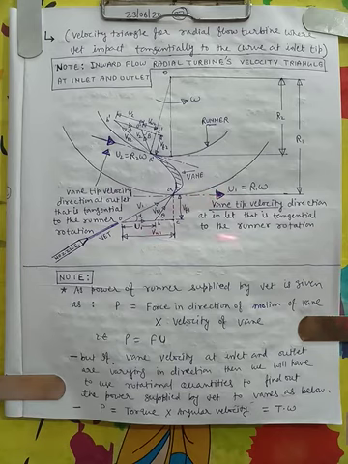VW1 is a tangential component of velocity at inlet, and VW2 is the tangential component of velocity of jet at outlet. So the tangential component at inlet, VW1, is trying to give an anti-clockwise angular momentum to the runner, and the tangential component of V2, that is VW2, is trying to give a clockwise angular momentum.